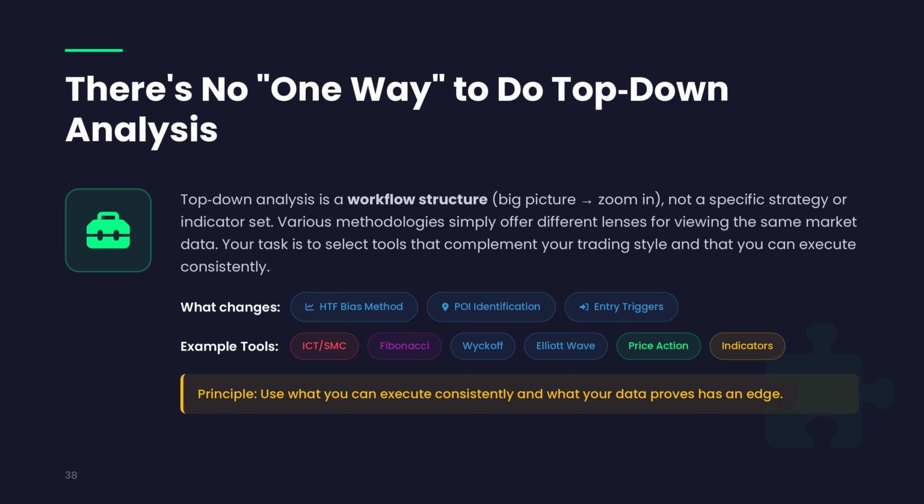Consider this. If I were to ask 10 successful traders to demonstrate their top-down analysis, I would see 10 unique approaches. One might employ ICT concepts, internal and external range liquidity, fair value gaps and order blocks. Another might utilize Fibonacci techniques, retracements, fans, harmonic patterns.